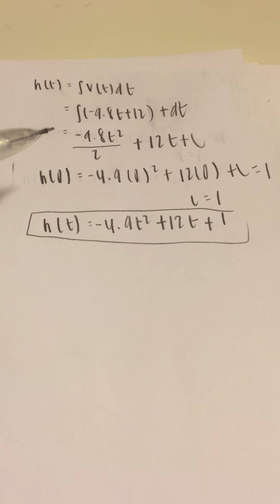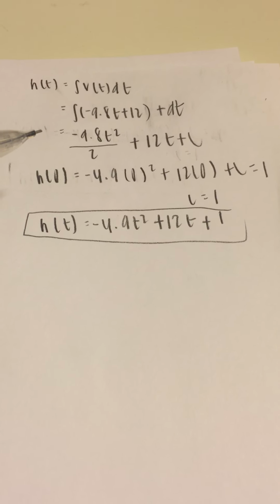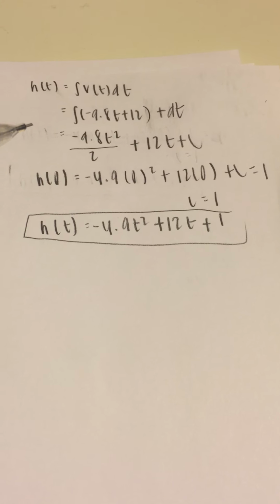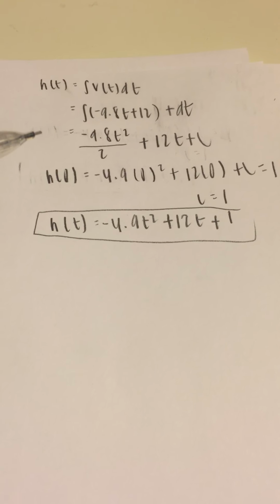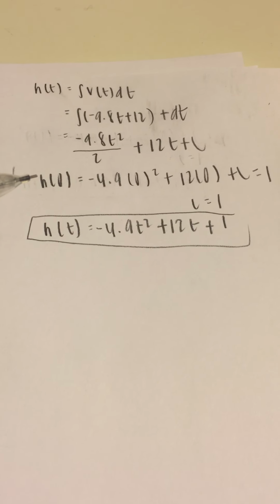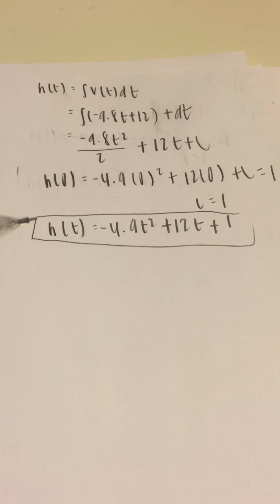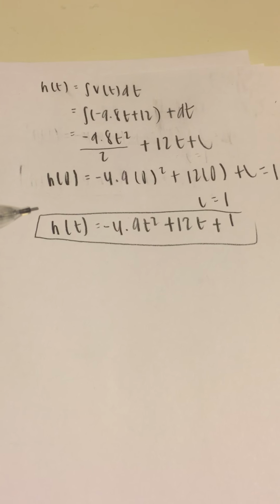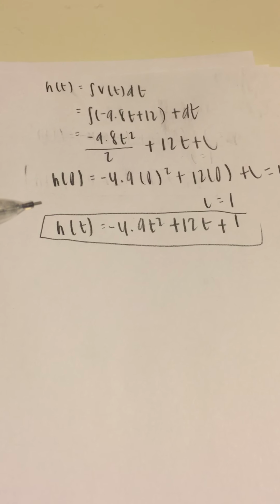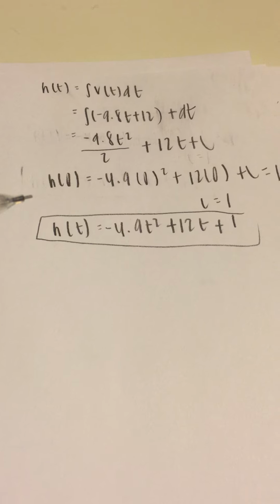And then with the antiderivative, we're going to set it equal to 1, because 1 is the starting height that was stated in the problem. And then we're also going to plug in a 0 for the time to find our height function, and we should get negative 4.9t squared plus 12t plus 1.